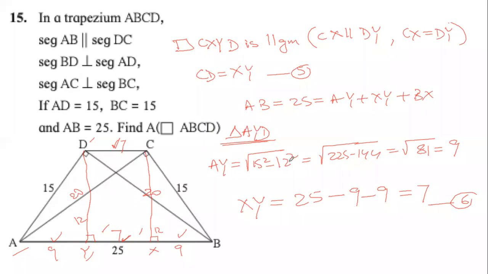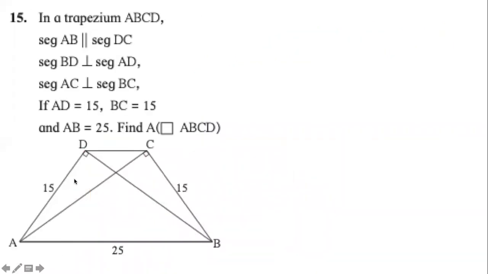Let us do that as the final step now. We can now say that this area equals 1 by 2 into parallel sides, AB and CD. AB is given as 25. CD we calculated as 7. And distance between the two parallel sides is 7.